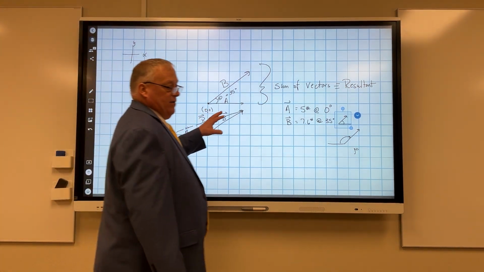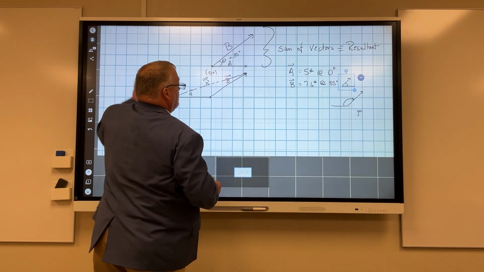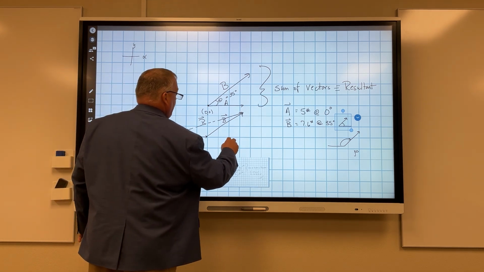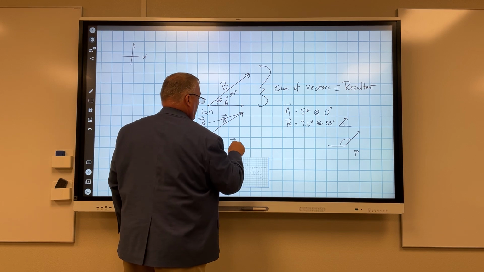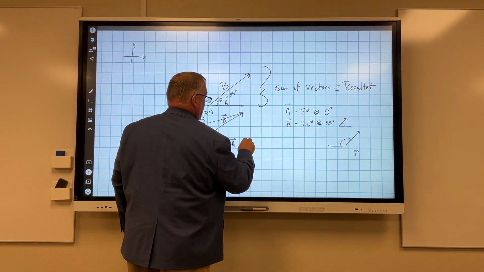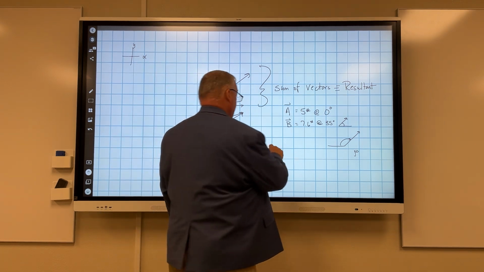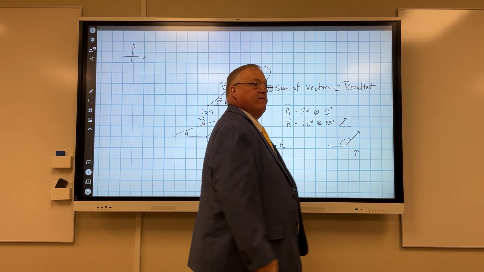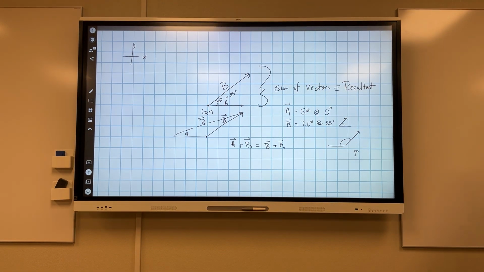Okay, so we've got our vectors. We're looking at our vectors. We have some interesting mathematical equations that we can describe. Vector A plus vector B is going to be equal to what? Vector B plus vector A, because we're going to add them together.